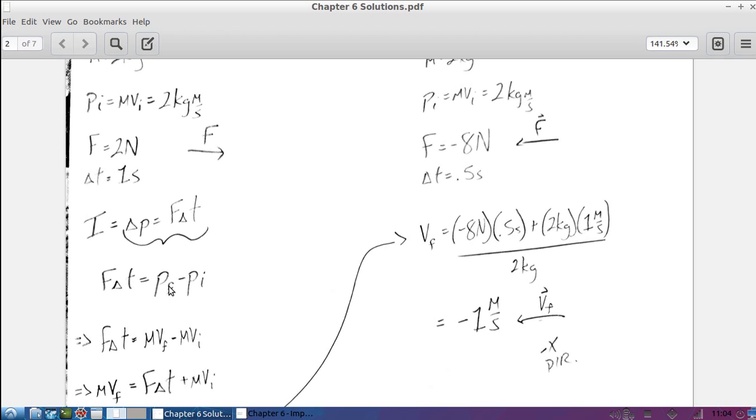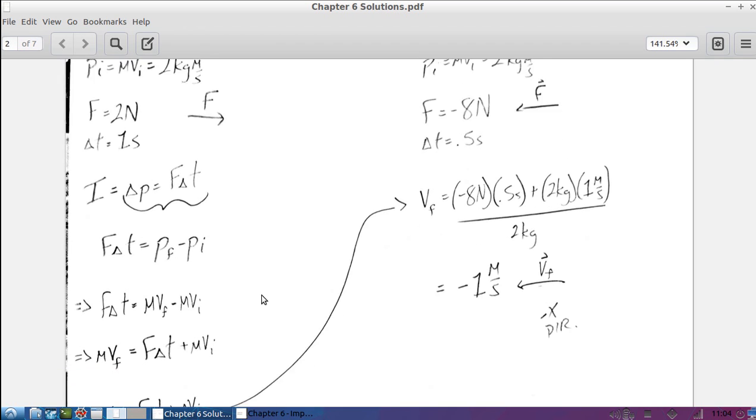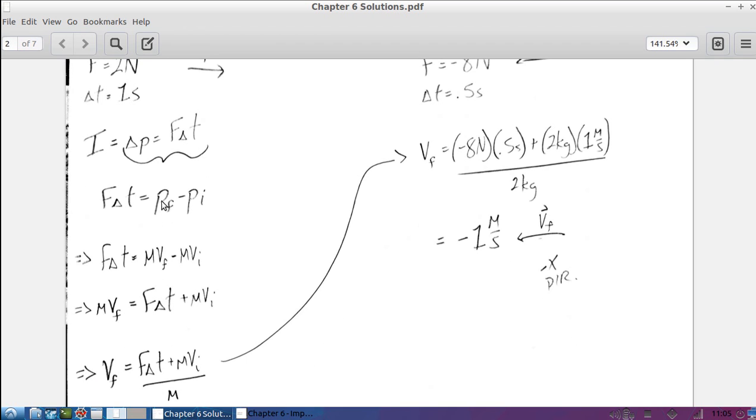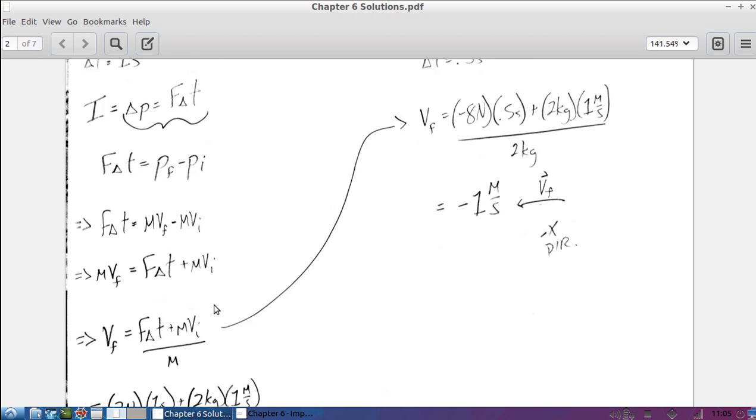I can solve for p final. So I separated it into m v final minus m v initial, and added m v initial to both sides. So I've got my final momentum term right here. m v final is equal to F delta t plus m v initial.